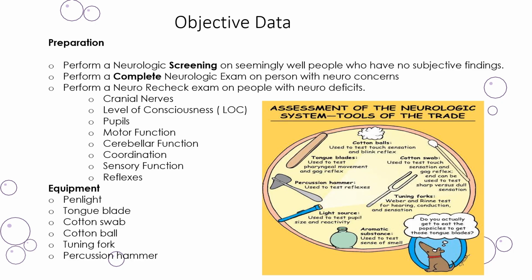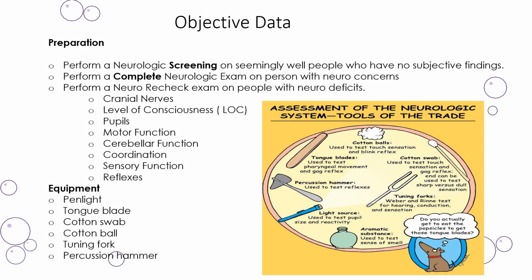These are the tools to do a complete neurological assessment. To perform a neurological screening on a seemingly well person who has no subjective findings. But if it's somebody that has neurological concerns, you want to perform a complete neurological exam.